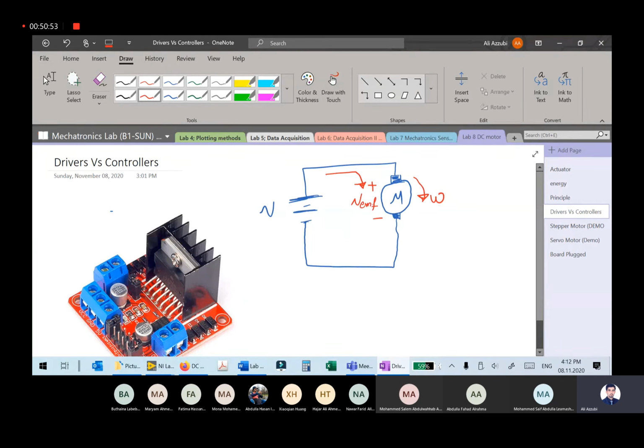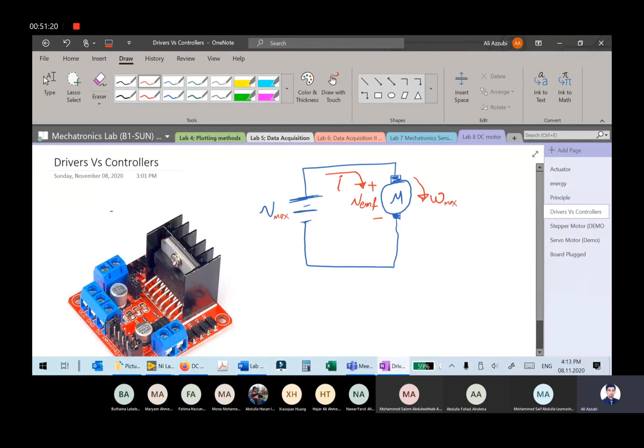This is due to the rotation of the coils inside the motor crossing a magnetic field. Now this is the current in the motor. It will operate at full speed, because here I is the maximum. You are assuming that you are giving the maximum voltage, and omega will be your maximum.